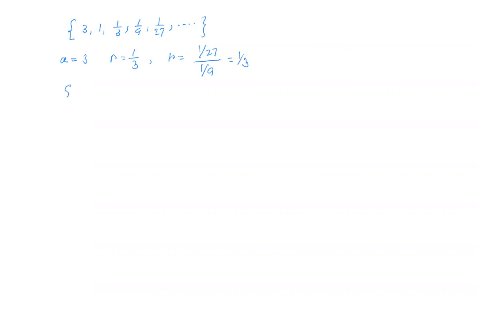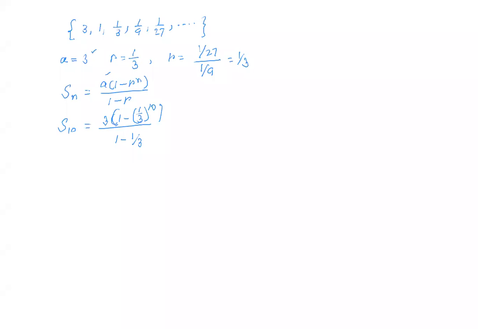So I'd like you to find S sub n, which is equal to A times 1 minus R to the power n divided by 1 minus R. I want you to find the partial sum. So let's say I want to find the partial sum for S sub 10, okay? So it's going to be A is 3, right? So I'm going to put 3 times 1 minus R, which is 1/3, to the power 10, divided by 1 minus 1/3.